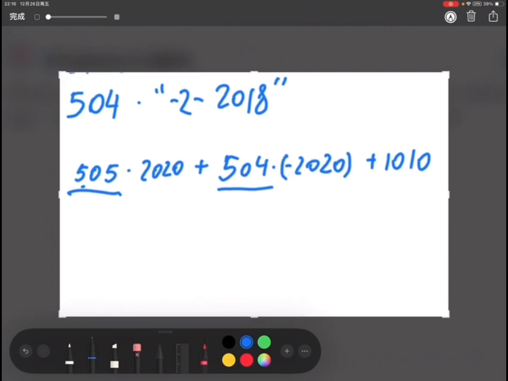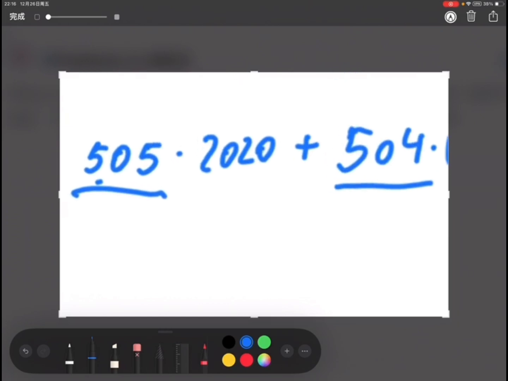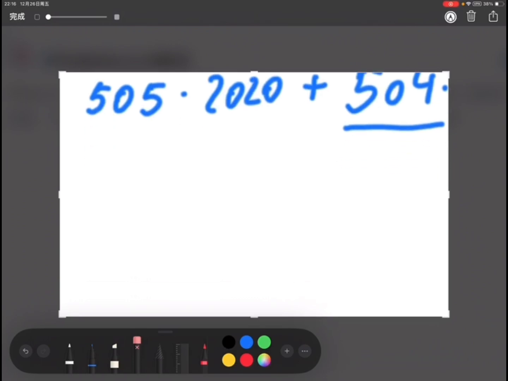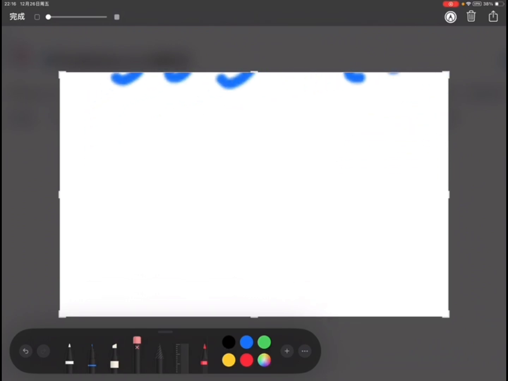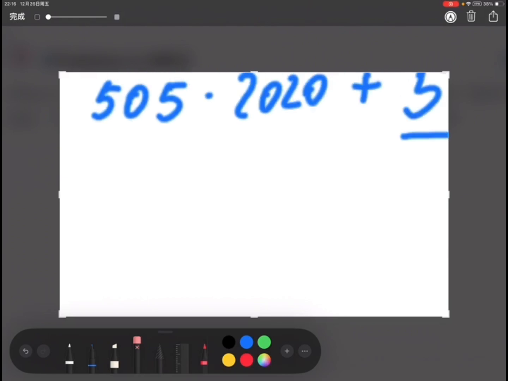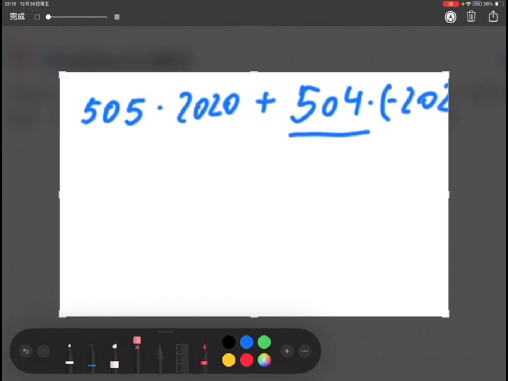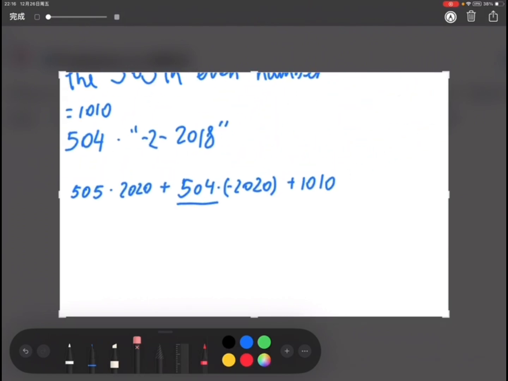But the first part is positive and the second part is negative. So it's literally equal to, I can't write for some reason.